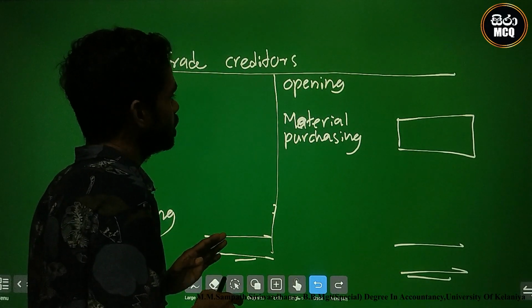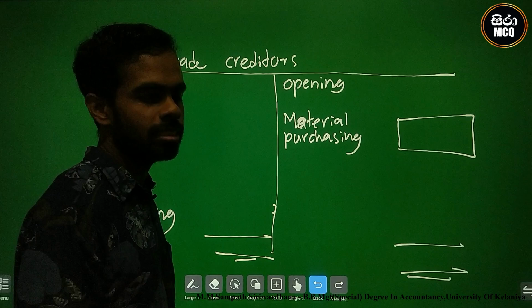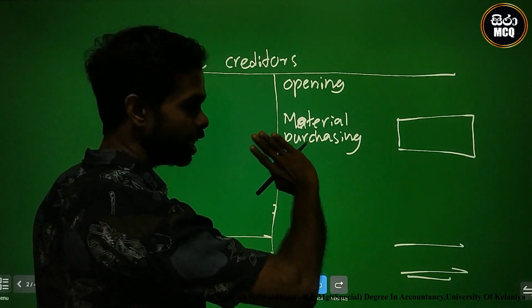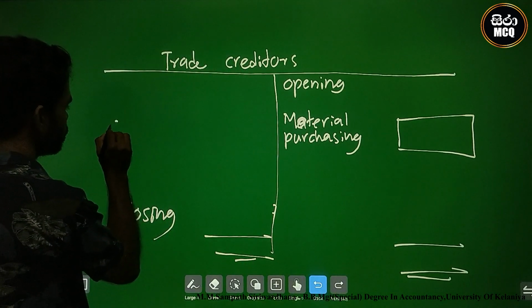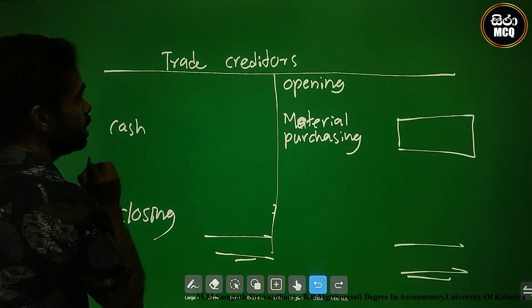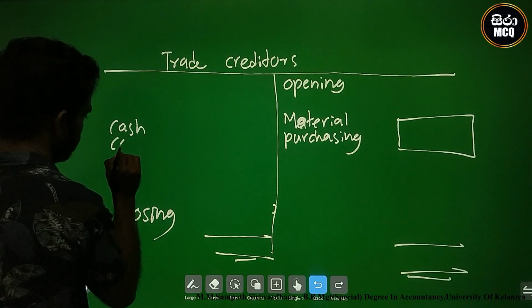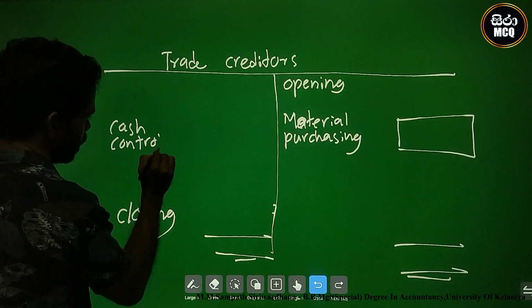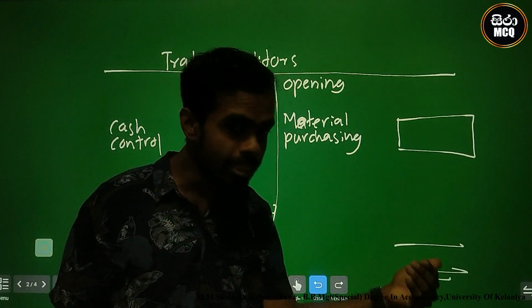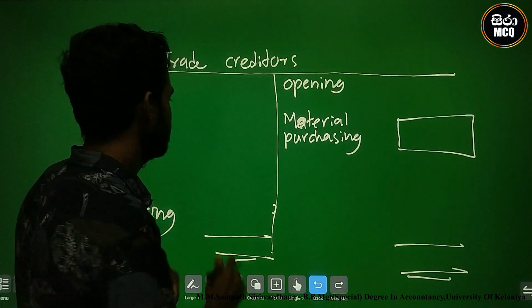And another one is cash paid to trade creditors: cash credit, debit to trade creditors account. At the cash control, cash credit, trade creditors debit.